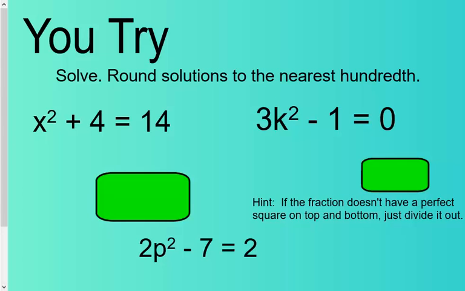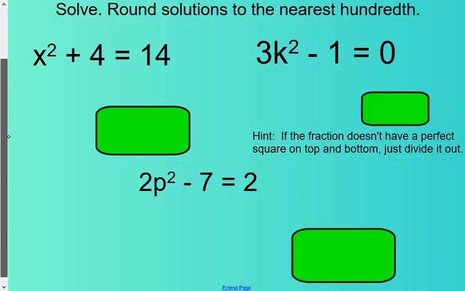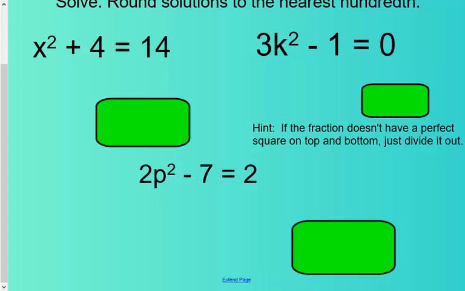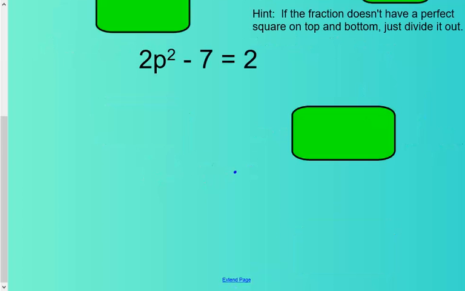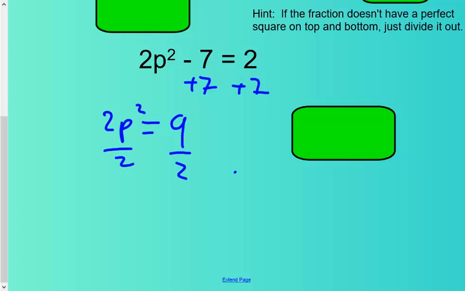Okay, so I'm going to go over a couple of these here. I'm just going to pick one to go over. I'll do this bottom one. So I'm going to add 7, and 2p squared equals 9. Divide by 2, divide by 2. And so p squared equals, now if the 2 was a perfect square, let's say the 2 was like 4, I would just square root both sides and leave it as a fraction.